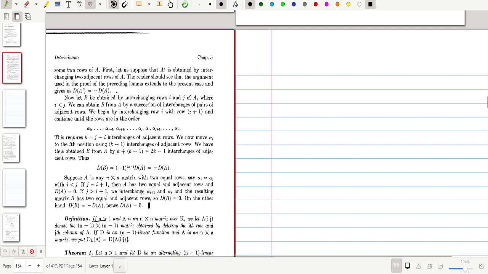If n is greater than 1 and A is an n by n matrix over K, this is just an introduction of the notation Aij.